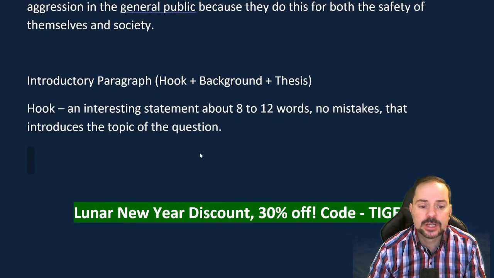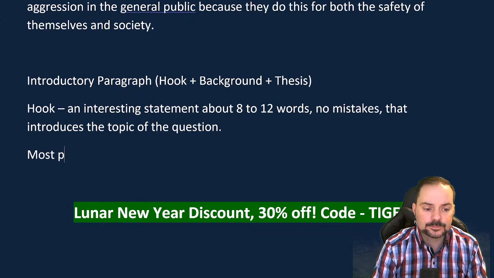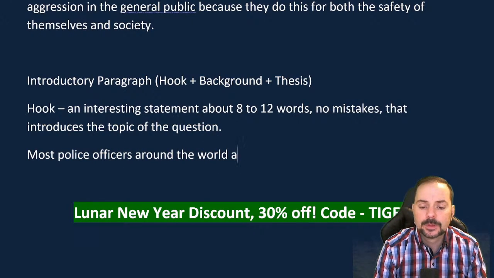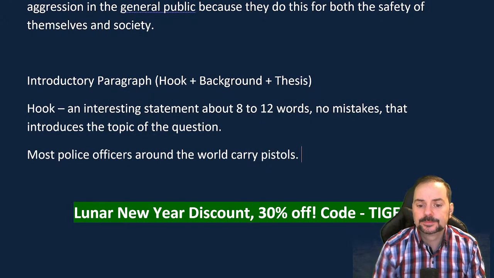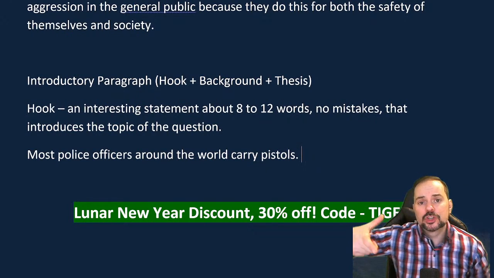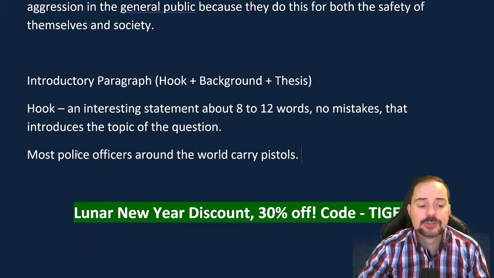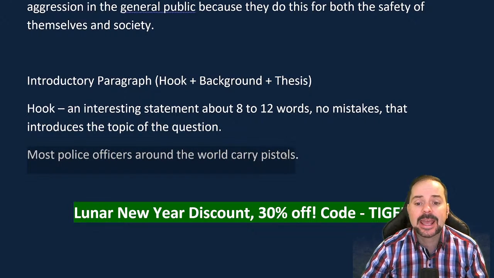So here, for my hook, I would simply write, most police officers around the world carry pistols. Right away, you've created this policeman visually with a pistol for your reader, and it's strong enough to capture the reader's attention. And we have 1, 2, 3, 4, 5, 6, 7, 8 words.